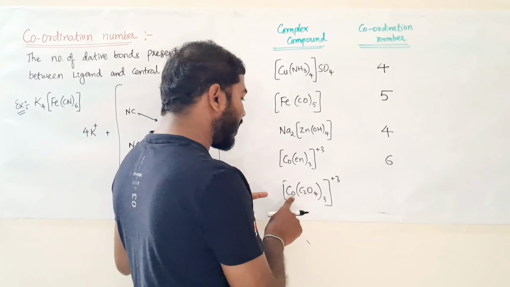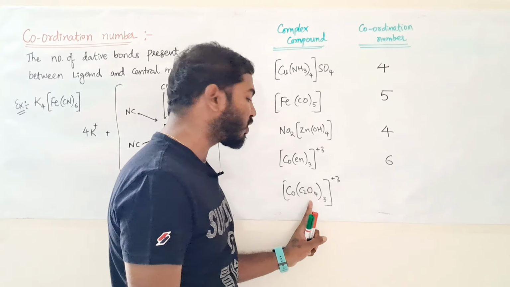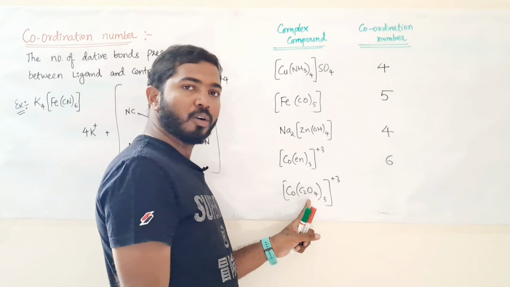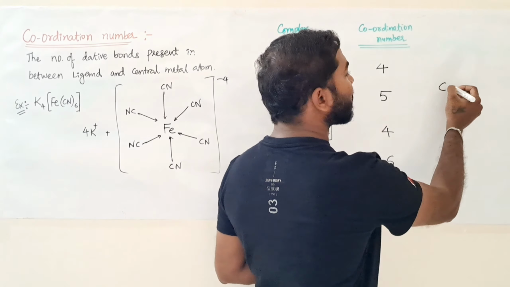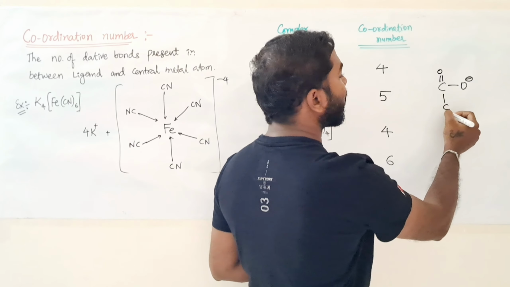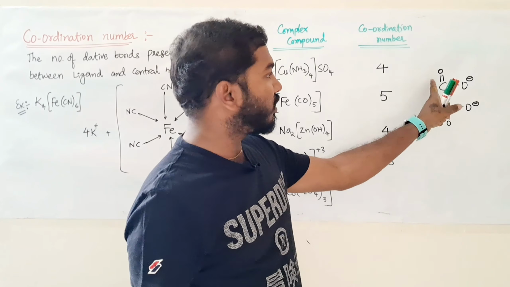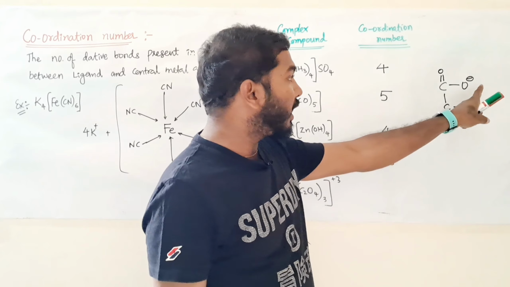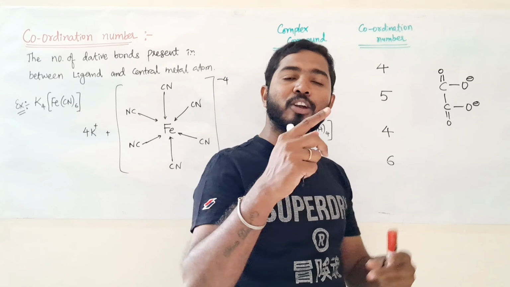And then next, I have taken [Fe(C2O4)3]3-. This is called oxalate ion. If you go back to the structures, this is C2O4 2-. Here also we can see 2 donor atoms, 2 oxygen atoms, to donate.